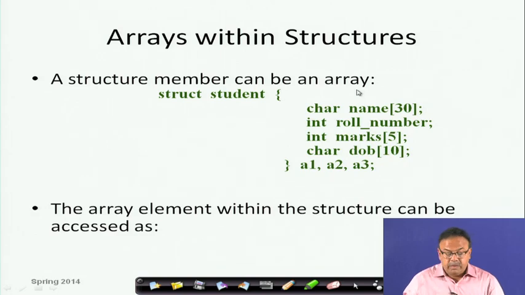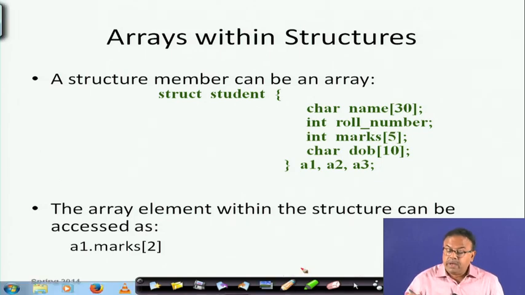The array element within the structure can be accessed as, now you can very easily guess, A1.marks[2]. Now, this example is telling us something more. Here this example is showing that any member of the structure student can also be an array that we had defined earlier. This is also an array.